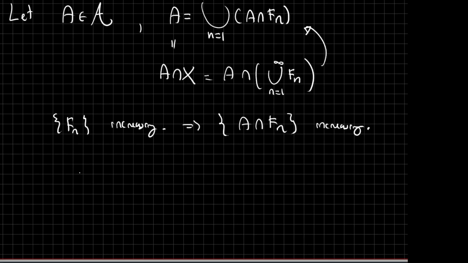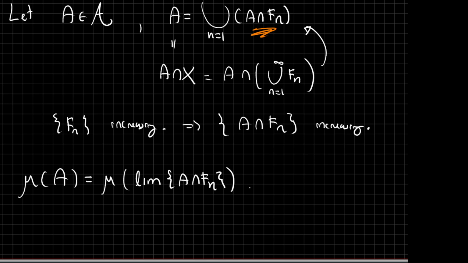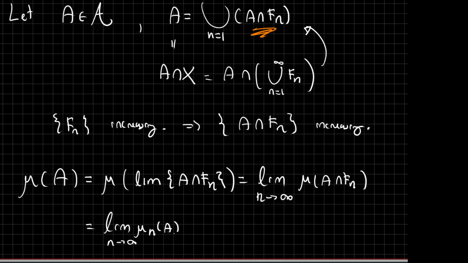So we have the following, and this will be the conclusion: the value of this measure on A is equal to the limit of this sequence, because this is an increasing sequence, and this is equal by the proposition that we proved in the second lecture, I think. So this is equal to the measure of A intersected with Fn, which is also equal to this here, and you know that this is equal to this.